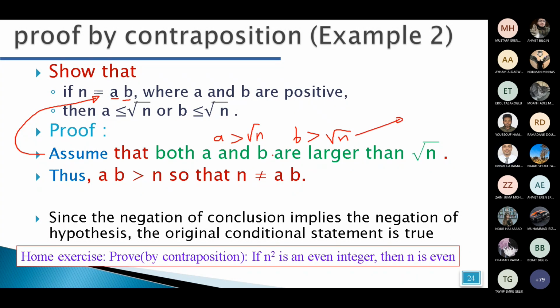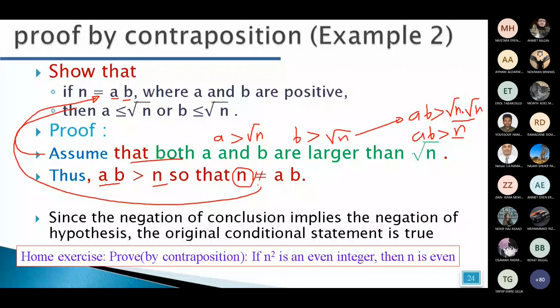From this, a multiplied by b is greater than root of n multiplied by root of n, which is n. So ab is greater than n, depending on this assumption, so that n is not equal to ab.